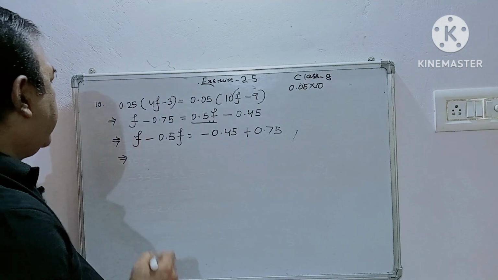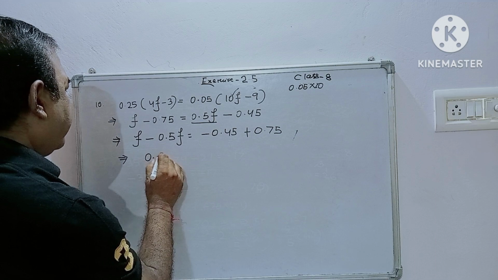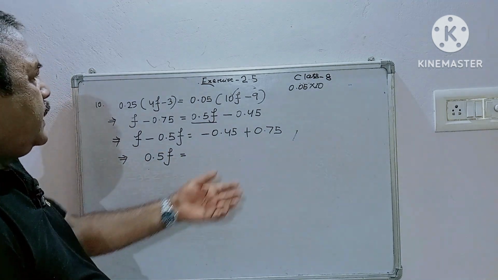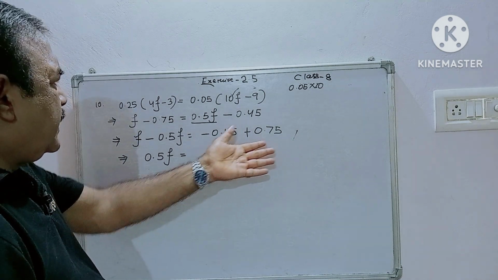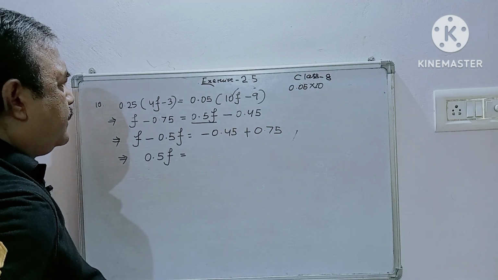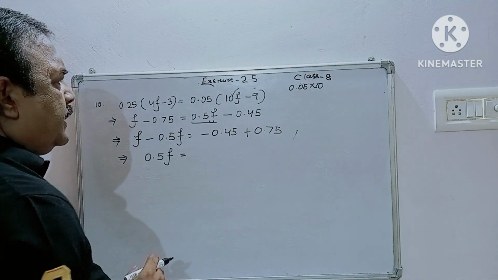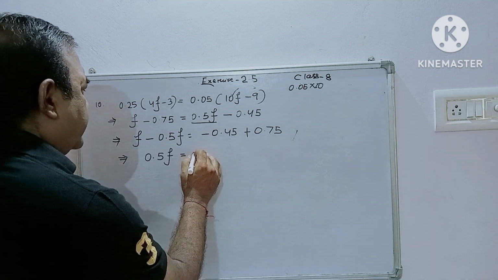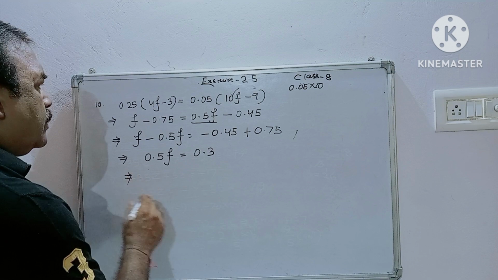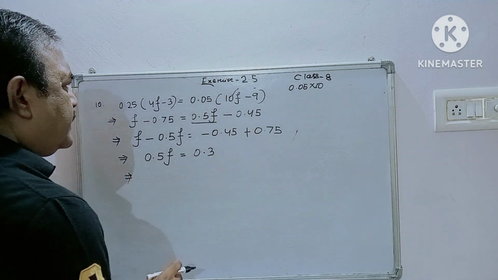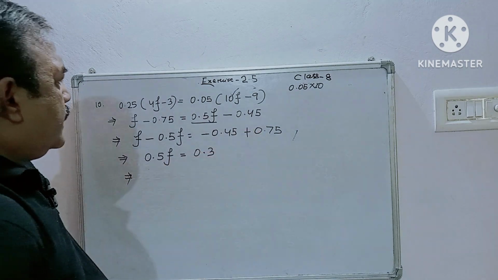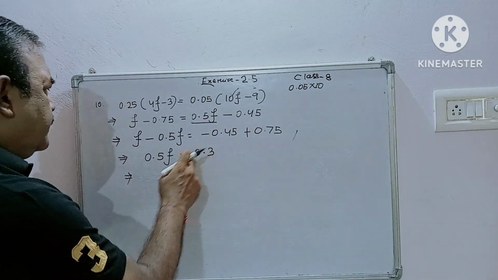So 1 minus 0.5, that is 0.5f is equal to, here you see the same decimal places. So 75 minus 45, that is 30. So 0.30, that means 0.3. We take the numerical difference and assign the sign of the greater numerical value to the sum, so it becomes 0.3.